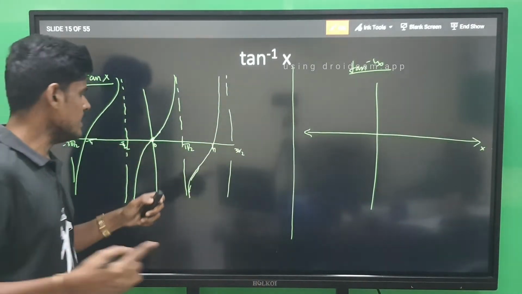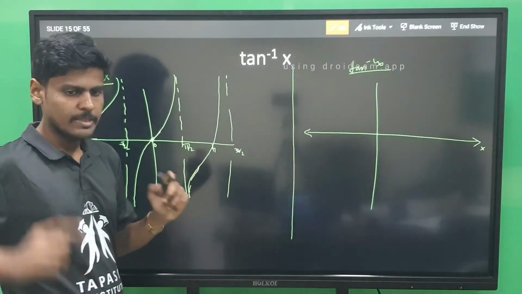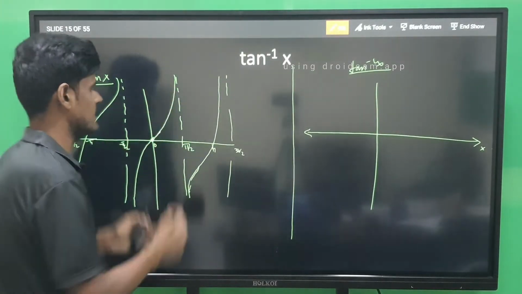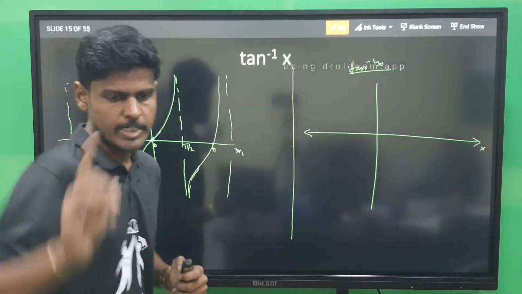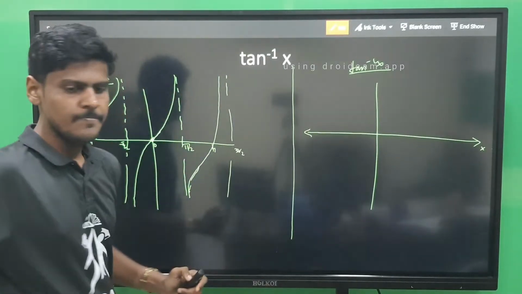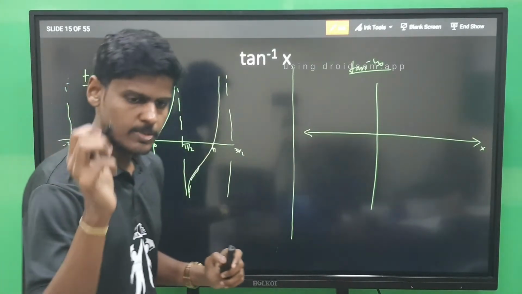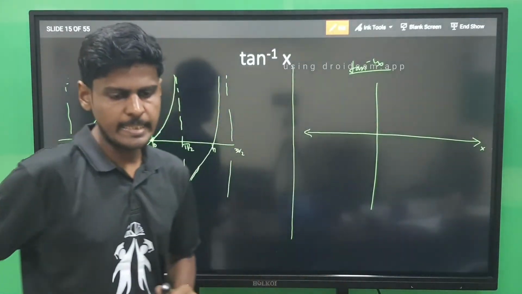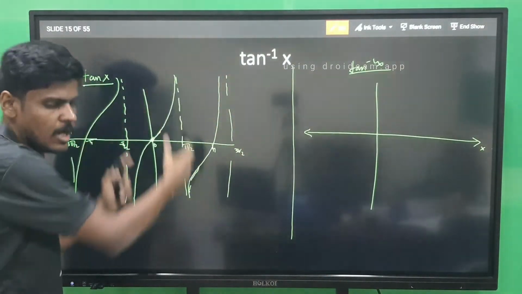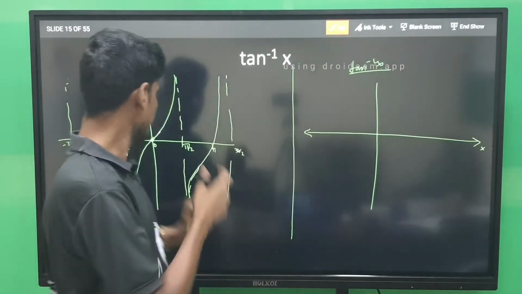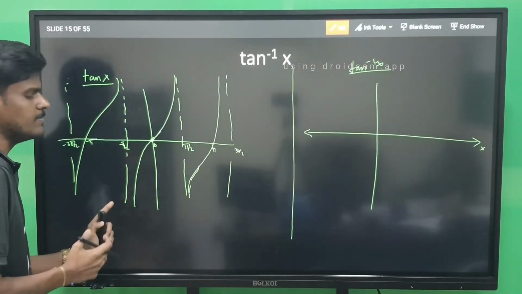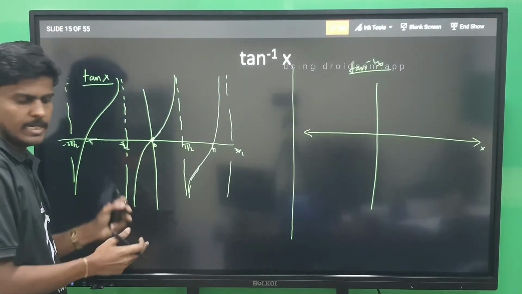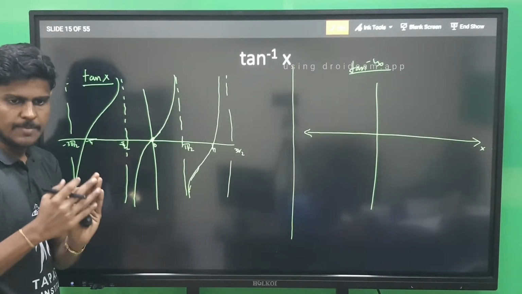Next, what we need to see is the range of this value. That will be the domain of the trigonometric function. And what is the domain? We will consider the principal value branch. What is the principal value branch, students? Remember, it should have 0, and preferably if it is on the positive side only, then take the value. So it has all the range values. Here the range is between minus infinity and infinity. Try to restrict the domain such that the range is encompassed completely.